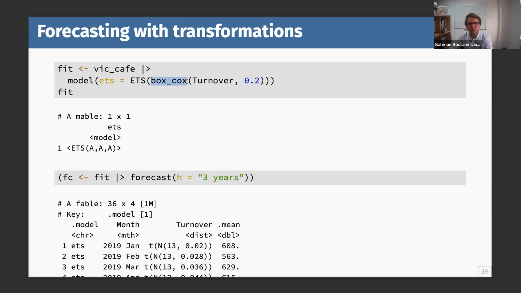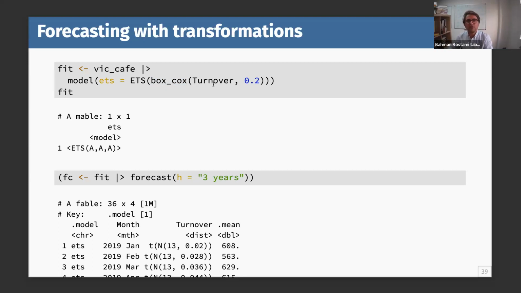What happens if you want to use transformation with fable? Fable takes care of transformation automatically. So here I want to forecast turnover, but I want to transform it first and then produce the forecast.